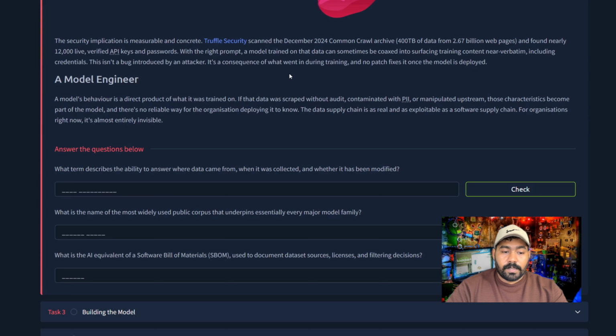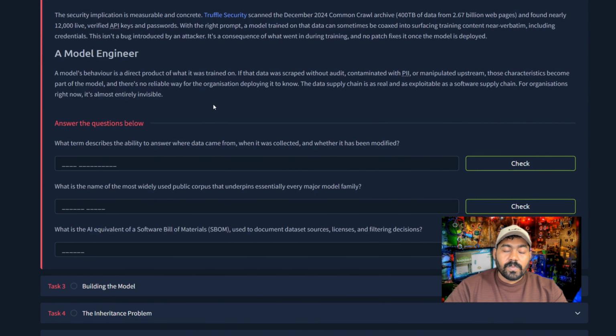So now let's answer the Task 2 questions, and these answers are straight from what we just covered. Question number one: what term describes the ability to answer where data comes from, when it was collected, and whether it has been modified? It's data provenance.